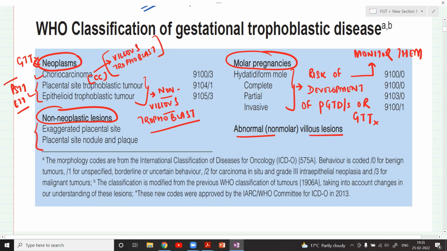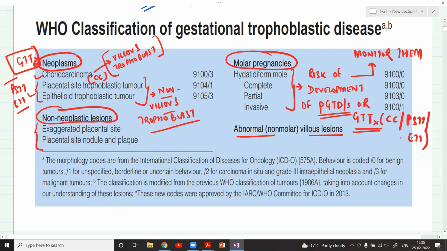Because there is a risk of development of a persistent gestational trophoblastic disease, or they might also develop gestational trophoblastic tumor. What is a gestational trophoblastic tumor? If I am saying GTT, that is a gestational trophoblastic tumor, a neoplastic lesion, that is CC or PSTT or ETT.